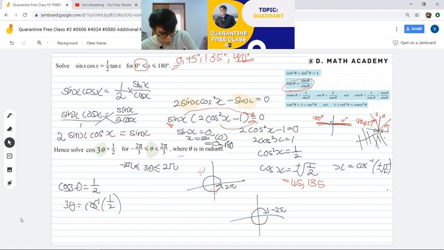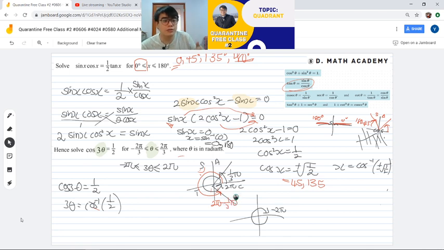So 1 over 3 pi is actually for the first and the fourth quadrant, because of the all-sine-tan-cos rule. And here to here is 1 over 3 pi. And for the one at the bottom, this red line over here is telling you to take 2 pi minus 1 over 3 pi.